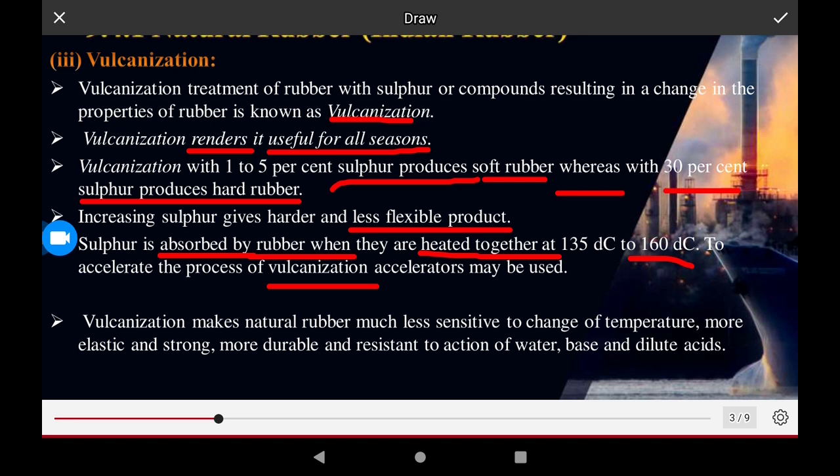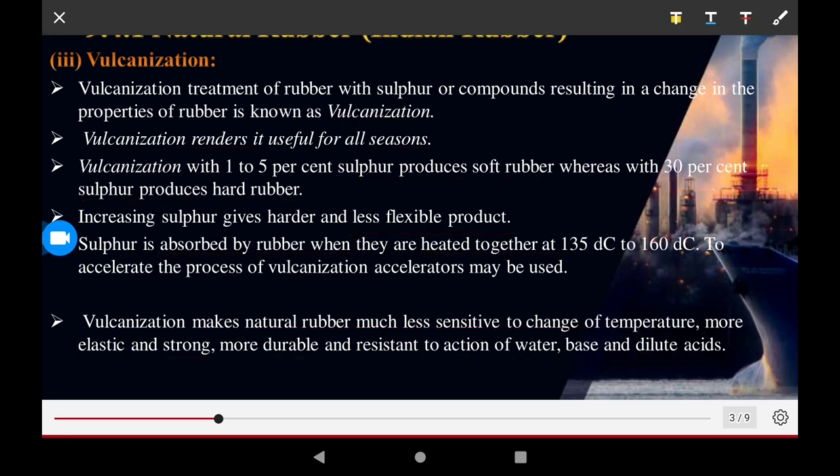Vulcanization makes natural rubber much less sensitive to changes in temperature, more elastic and strong, more durable, and resistant to action of water-based and dilute acids.